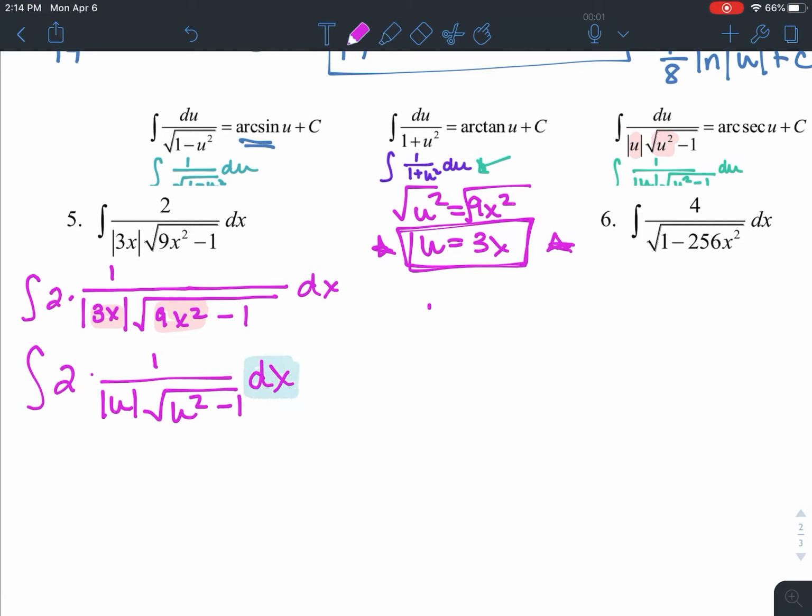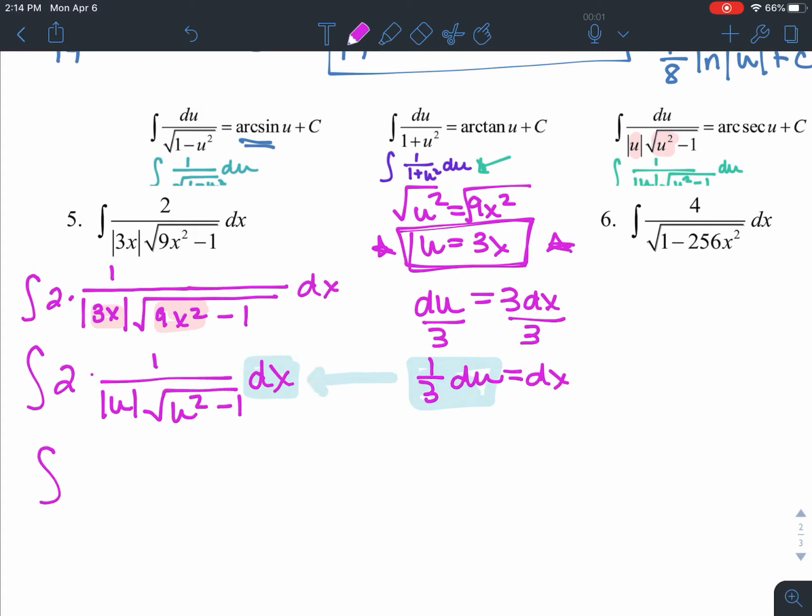So I still need to take the derivative of u equals 3x, du equals 3 dx, divide by 3, 1/3 du equals dx. I still need to sub on in. Sub that in. I am going to kick that 1/3 in front times 2, times still 1 over absolute value of u, square root of u squared minus 1 du.